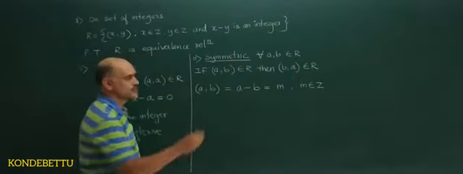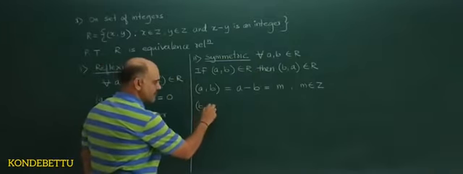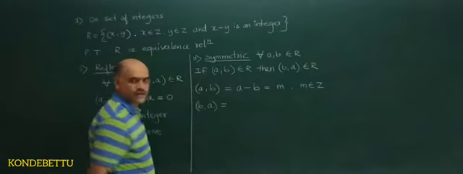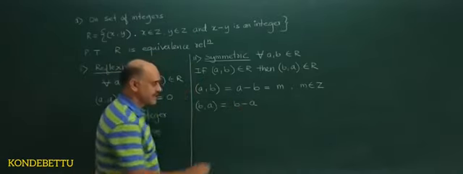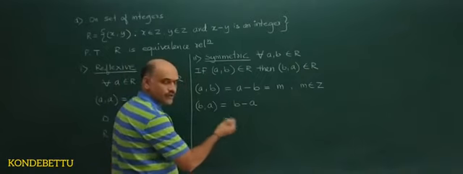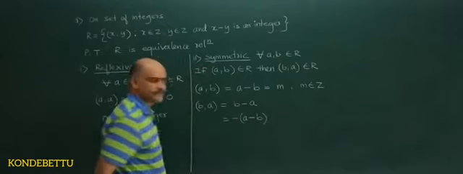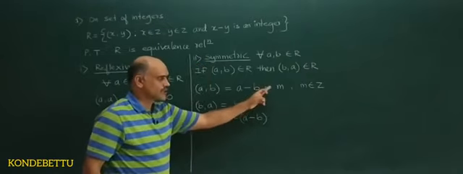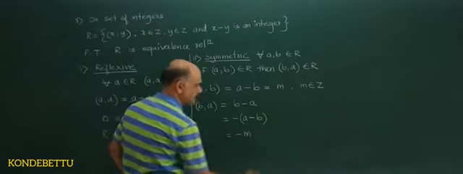So now I will show that this is also an integer. If I take (b, a), it will be equal to b minus a. If I take minus outside, I will have minus into bracket a minus b. But a minus b, what I have taken? M. So this is equal to minus m.